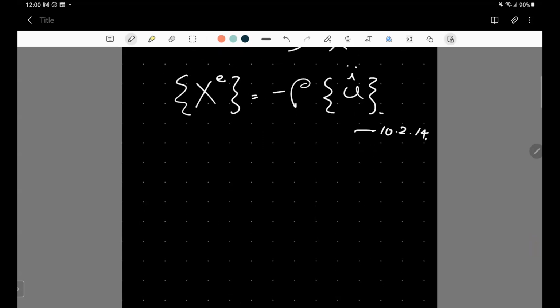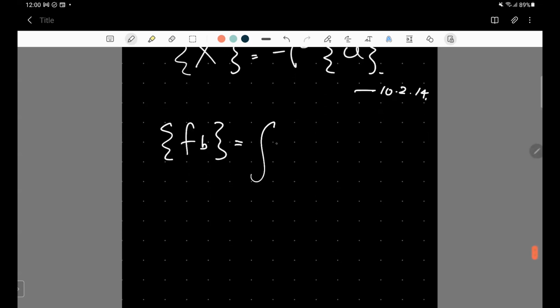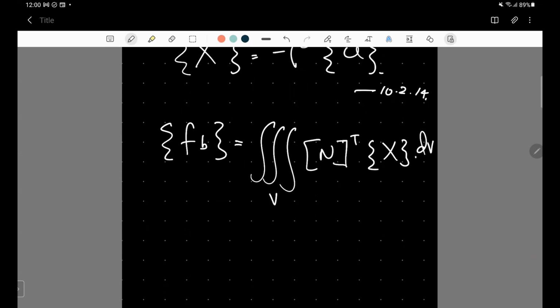So we know the body forces can be found by obtaining the volume integral of the transpose shape functions times the effective body forces, dV.